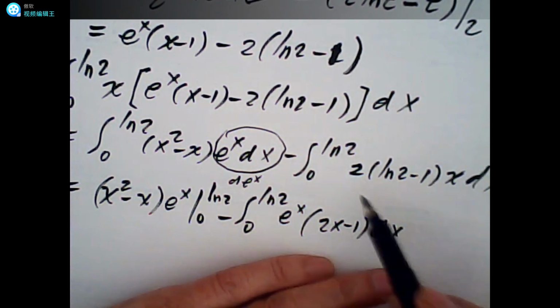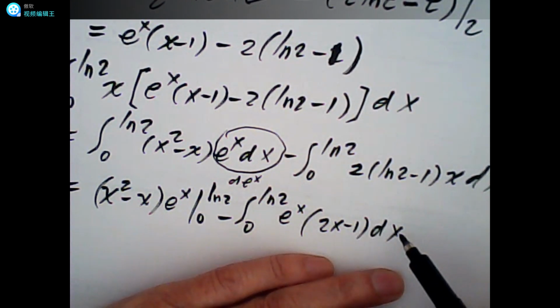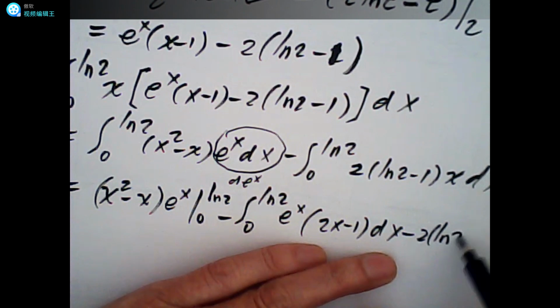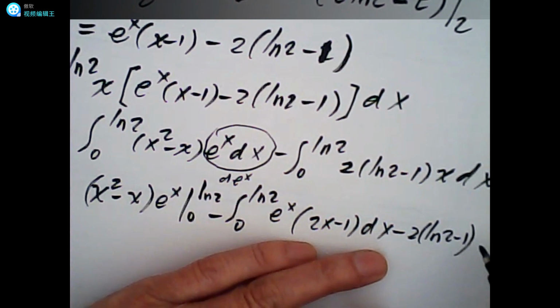And for this one, it's easy. It's just minus (2 log 2 minus 1) x squared over 2, from 0 to log 2.